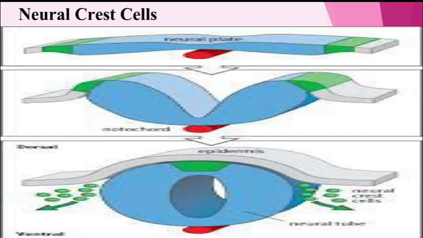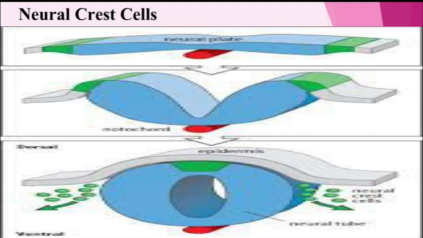Right here is an illustration of the neural crest cells. I need to talk about neural crest cells now. We saw a diagram earlier on showing how the neural crest cells differentiate. You see the diagram, the neural plate formation before the neural tube formation.